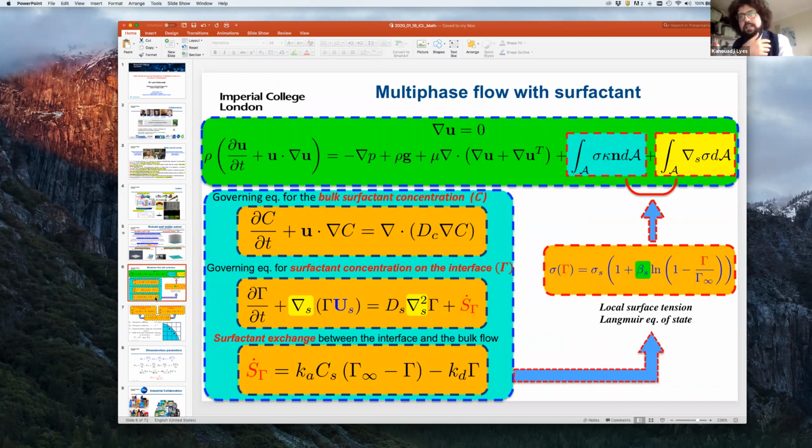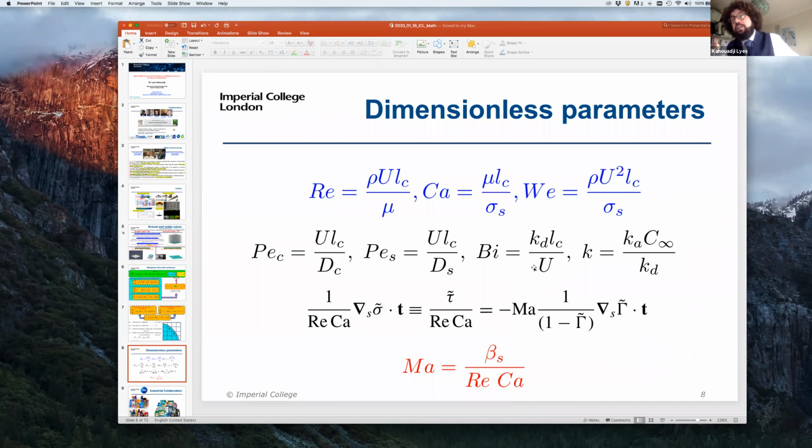There is also a competition between adsorption, desorption, and the inertial effects, as you can see in the Biot number here. It depends on the type of surfactant. If you have high elasticity, sometimes the surfactant can diffuse faster than the turbulence.